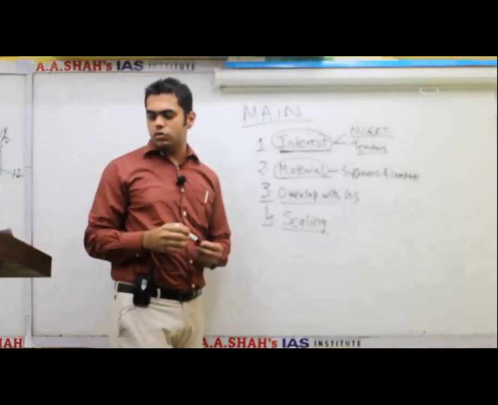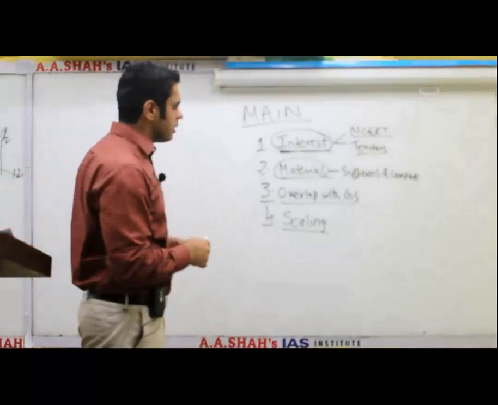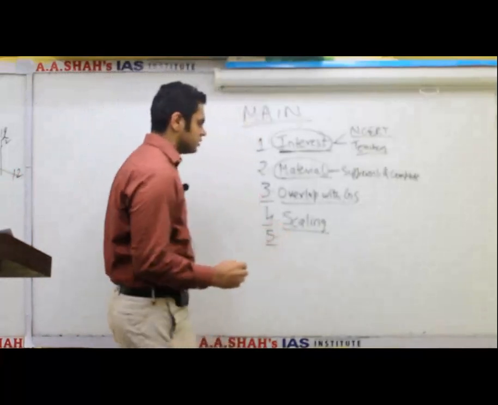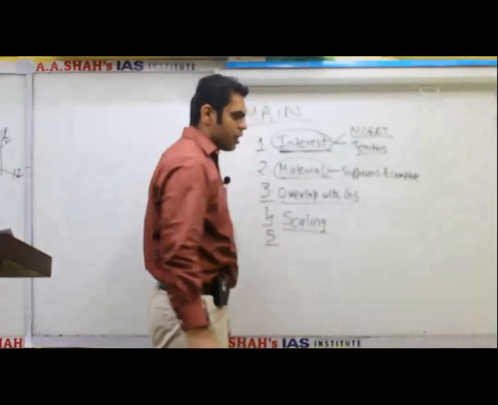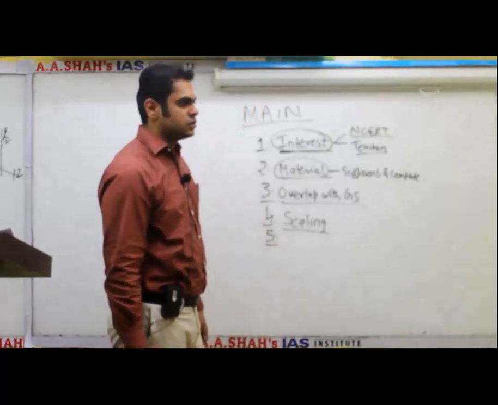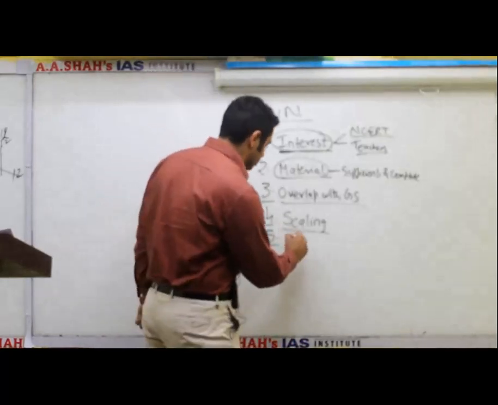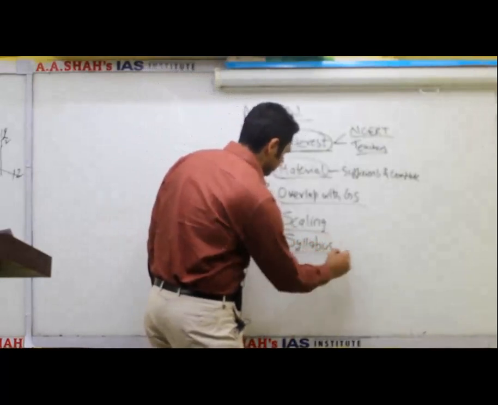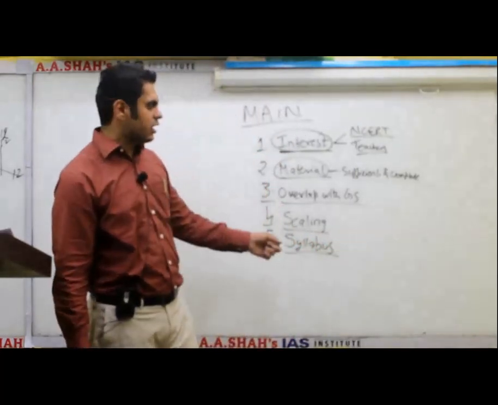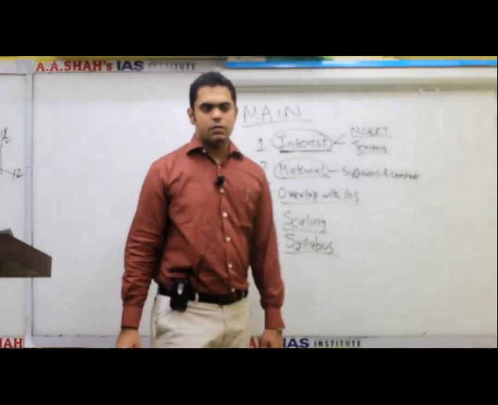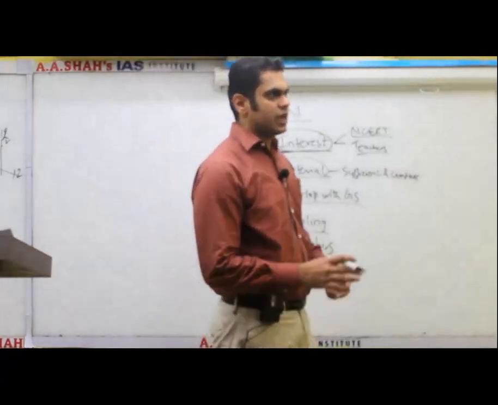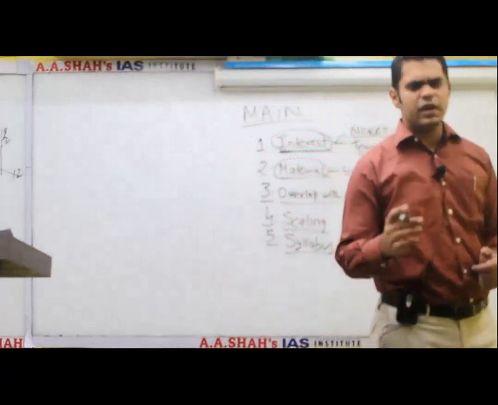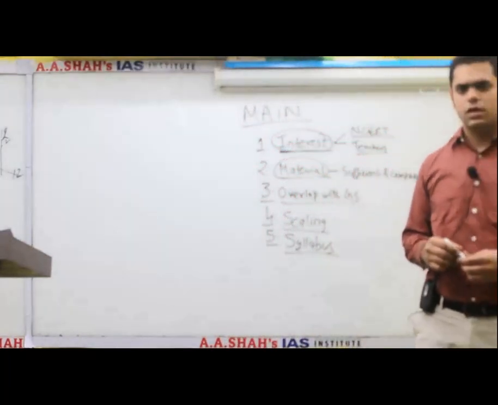Now, moving on to some other secondary factors. Fifth, I would say, is the amount of the syllabus of your optional paper. This is again very important, because if your optional has a vast syllabus like geography, it will take more time to cover the optional.